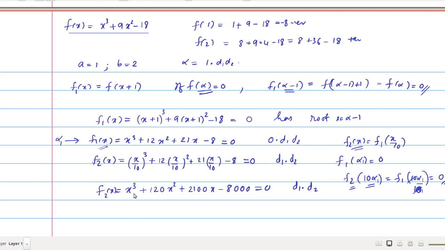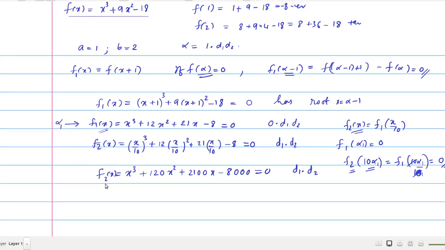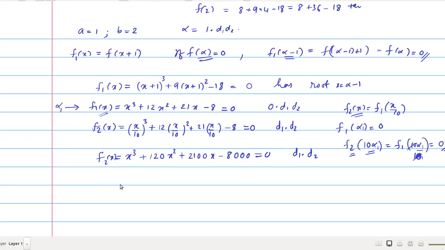Now we need to find two consecutive integers between which the roots of this f2 of x lie. So first you evaluate this f2 of 3. Okay, what is this f2 of 3? f2 of 3 can be written as 3 cube plus 120 times 3 square plus 2100 times 3 minus 8000. Okay, then you can easily evaluate this quantity, this is less than 0.